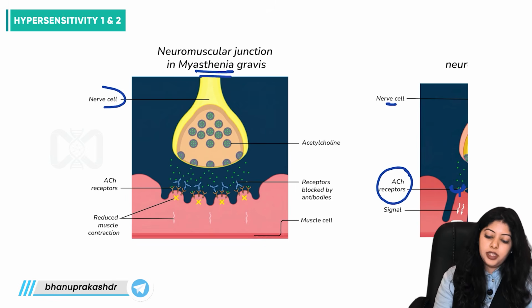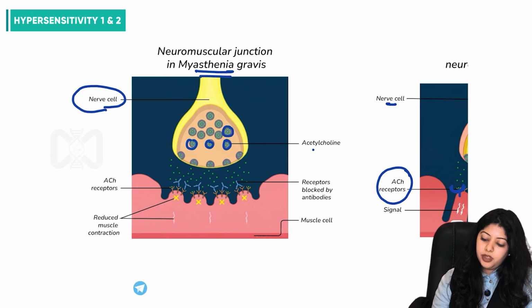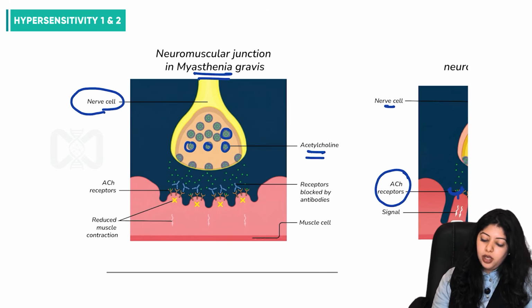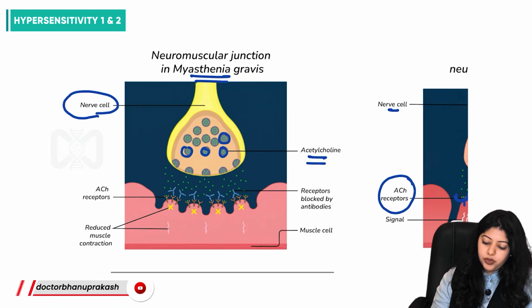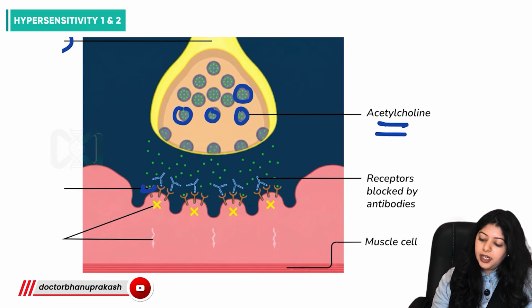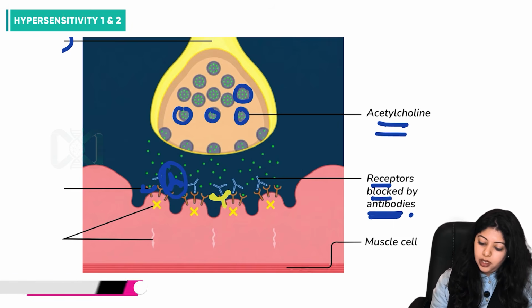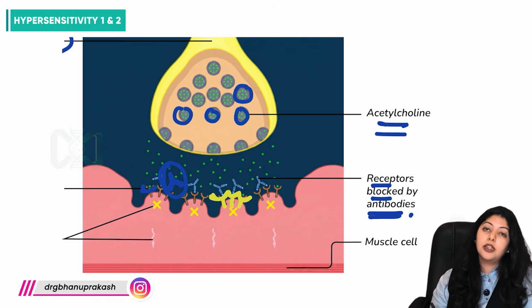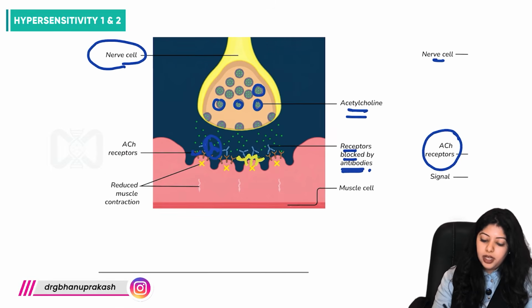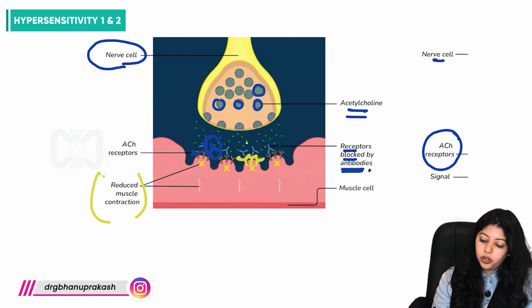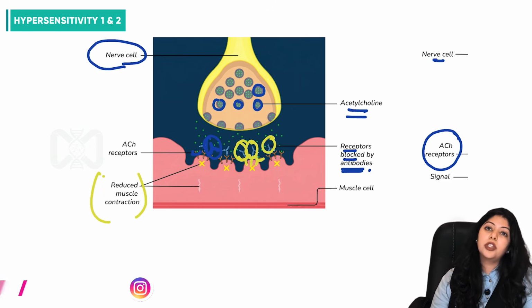Suppose this is the nerve cell, having acetylcholine inside. Now the ACh receptors get blocked by antibodies. These are the anti-ACh antibodies which are formed. They are blocking the site for the attachment of acetylcholine.